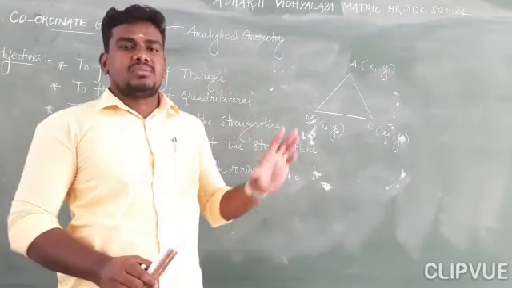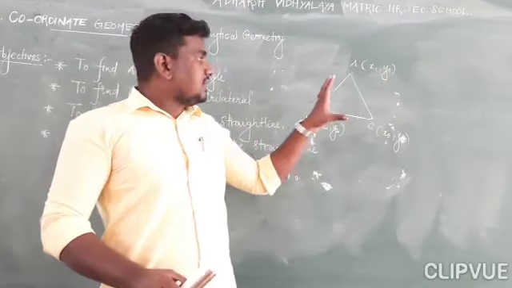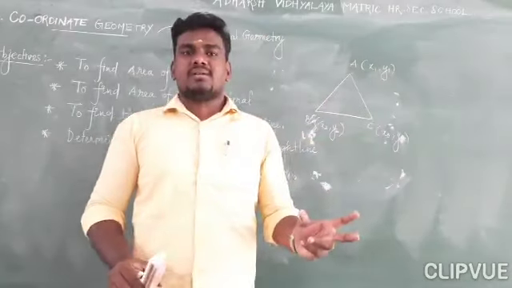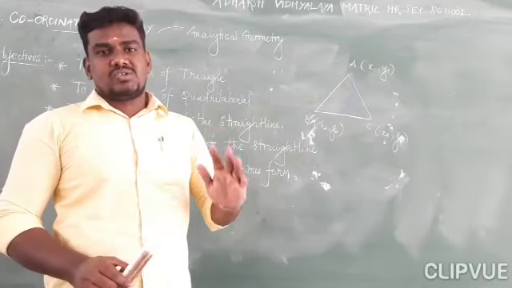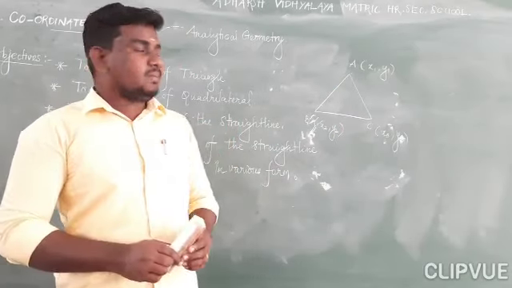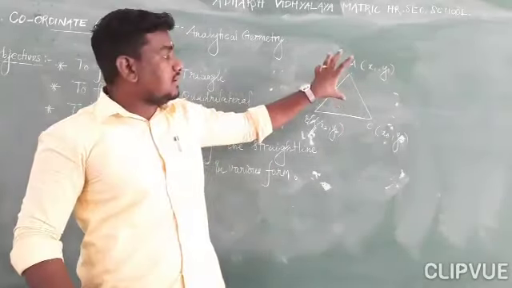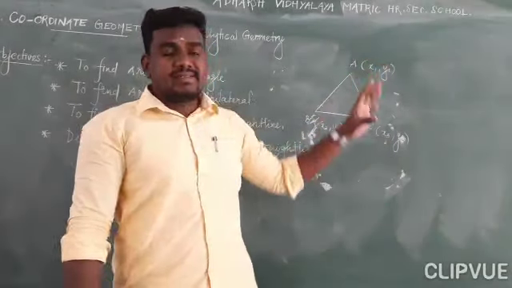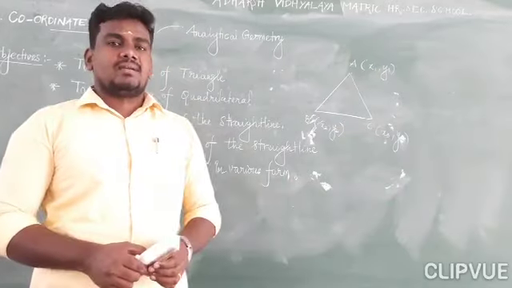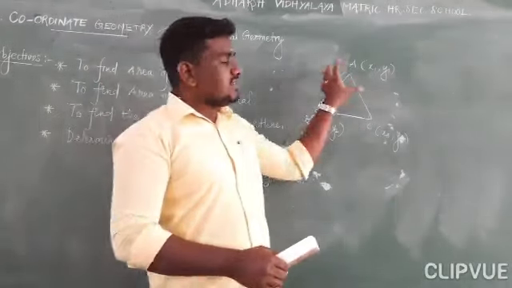They simply give 3 points. After giving the points, you have to plot the 3 points and join them. If you join them, you can get a mathematical shape. That will be a triangle. So if the vertices are given, how to find the area of the triangle? This is the first one.